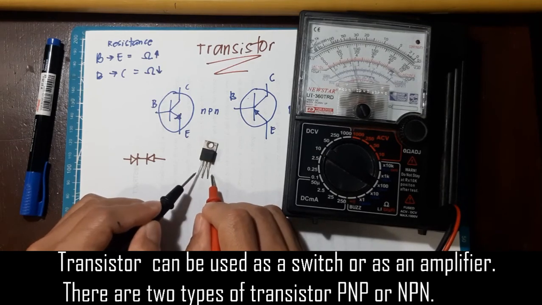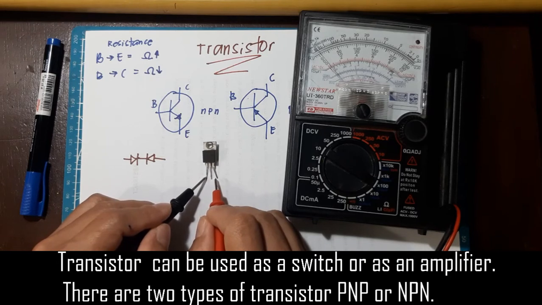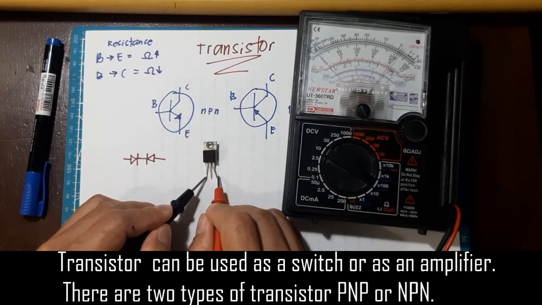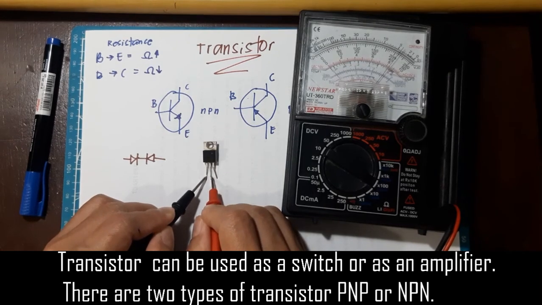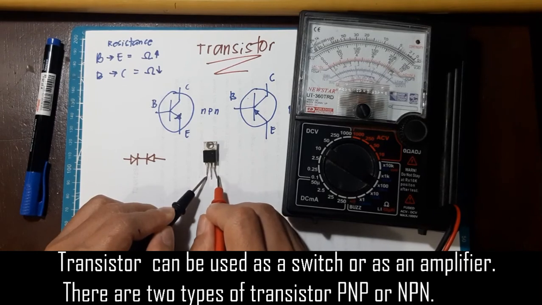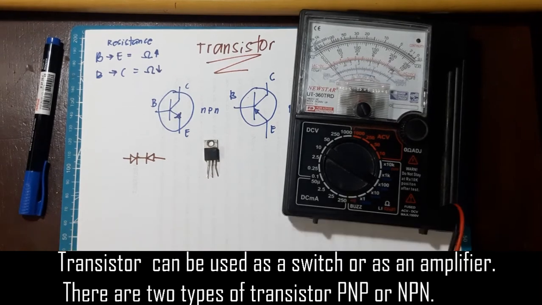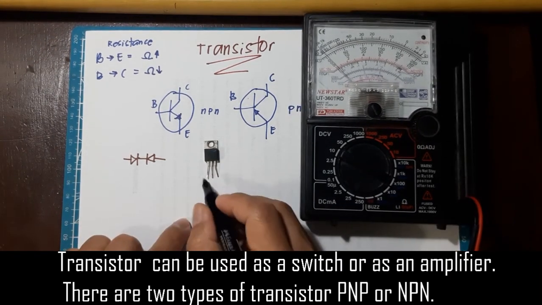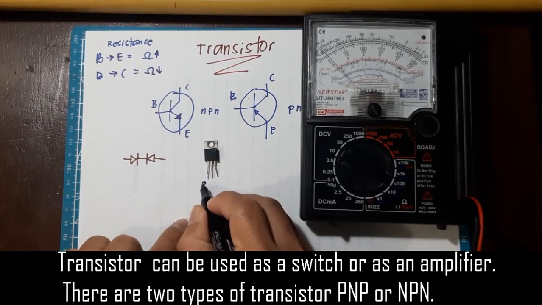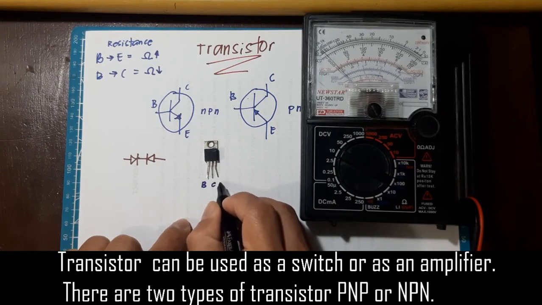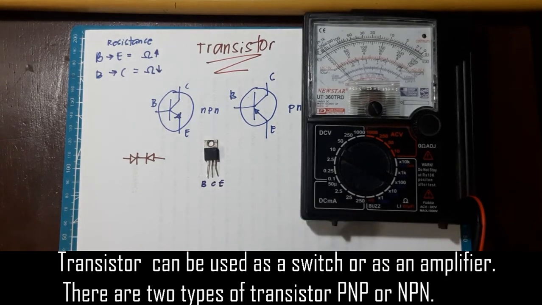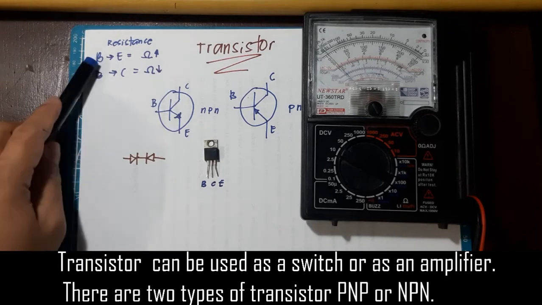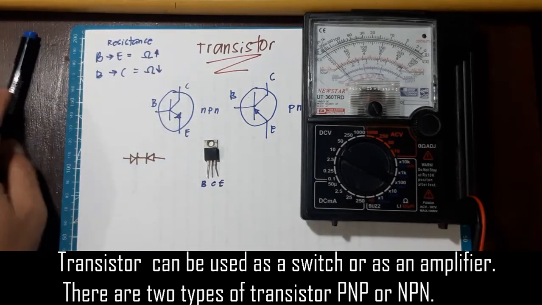And the other one is slightly greater than the other side. So this one is greater than the other one. So I can say that now this one is my base, collector, and emitter, because base to emitter is slightly greater than base to collector.